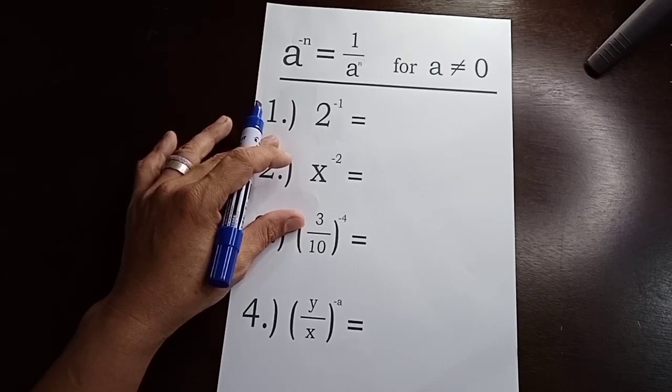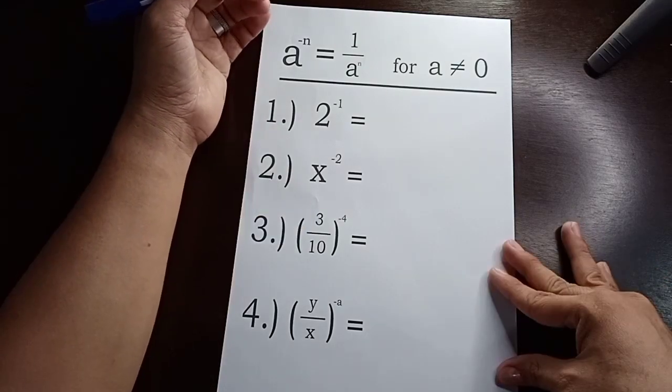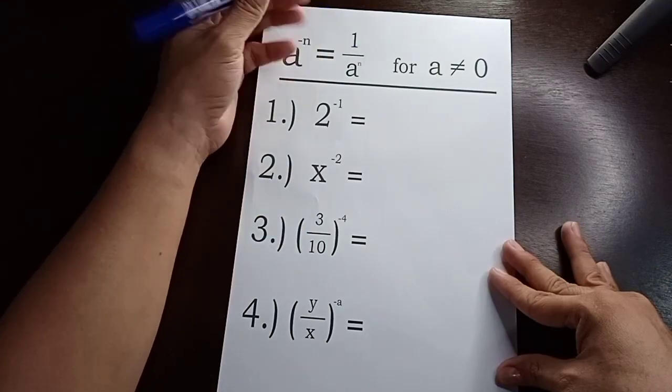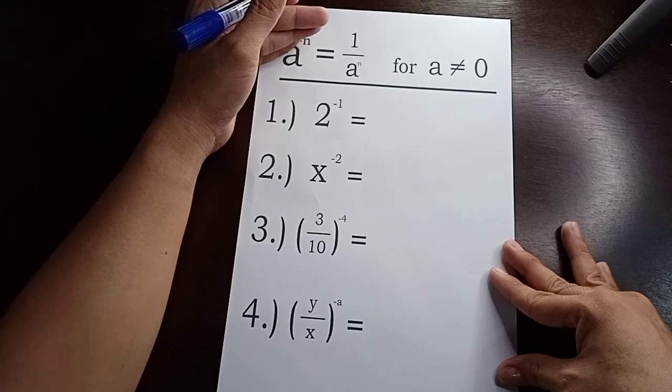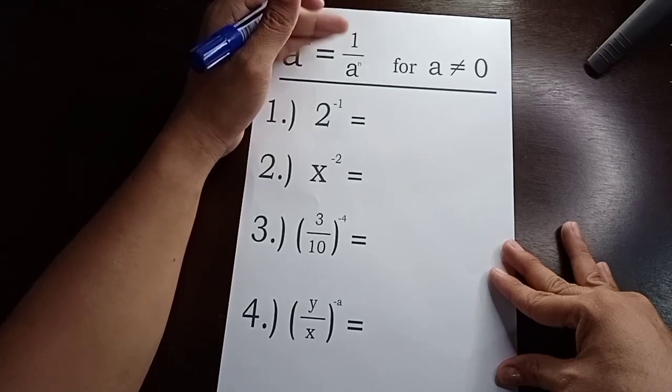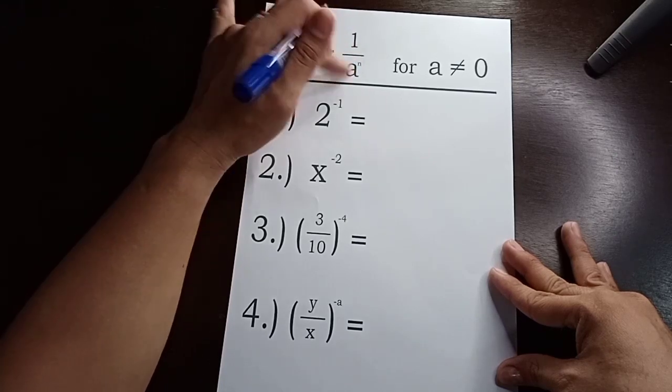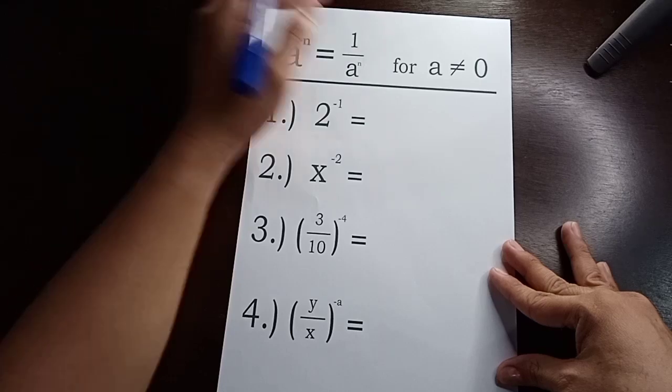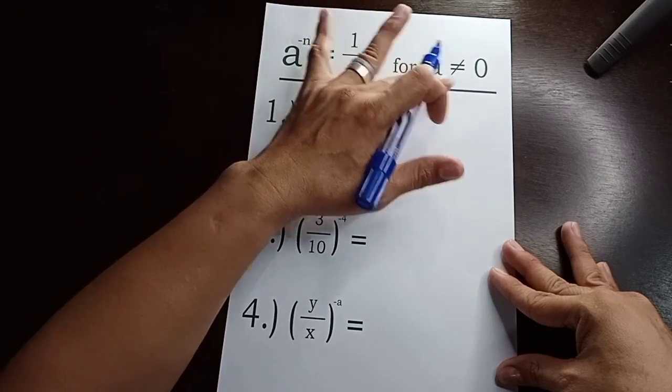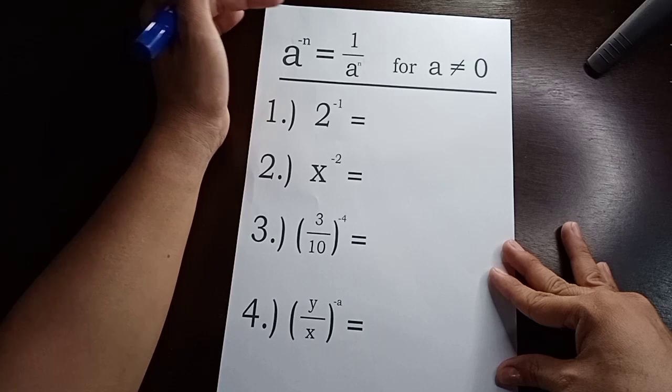Negative exponents in the denominator get moved to the numerator and become positive exponents. If the base is powered by the negative exponent, then the base becomes a reciprocal with the positive exponents. So, tandaan natin, for all A, it is not equal to 0.